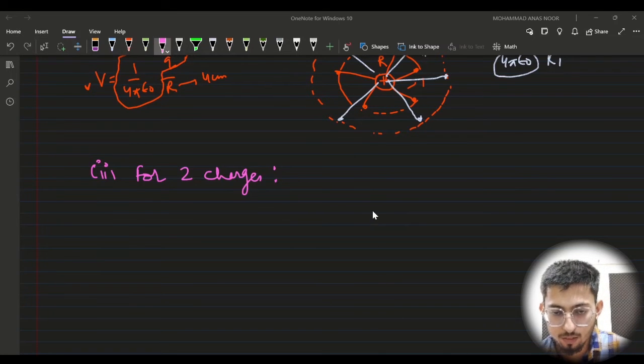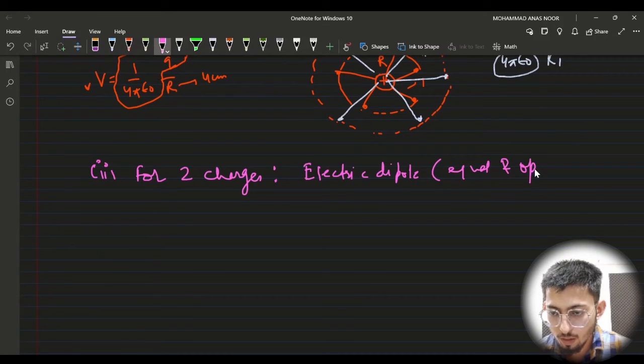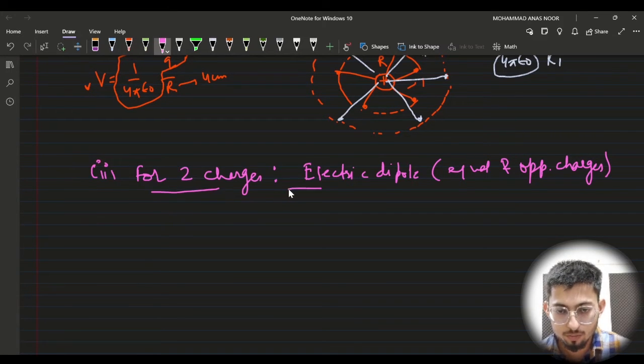Like the charges can be equal and opposite, which is the case of an electric dipole. Equal and opposite charges.